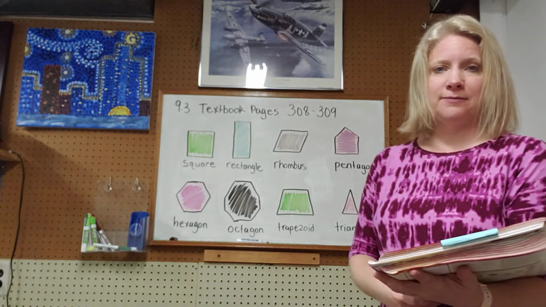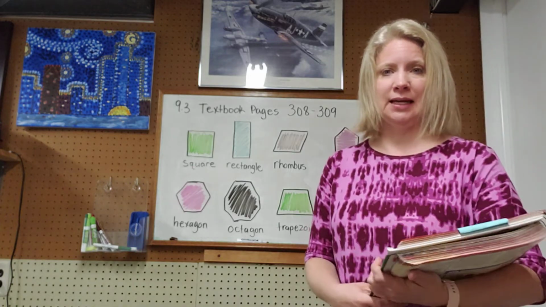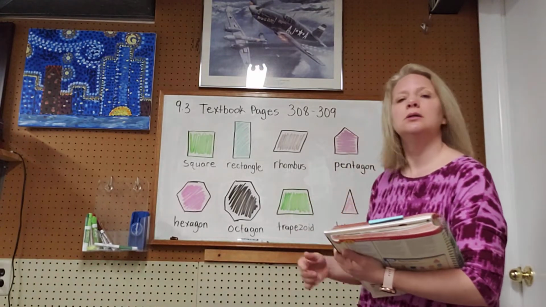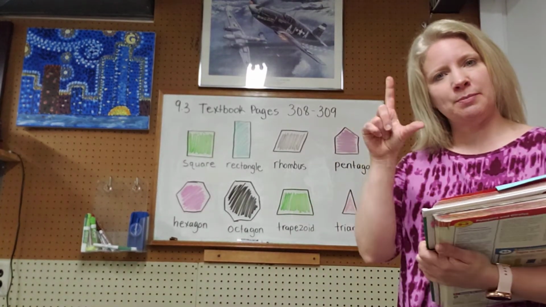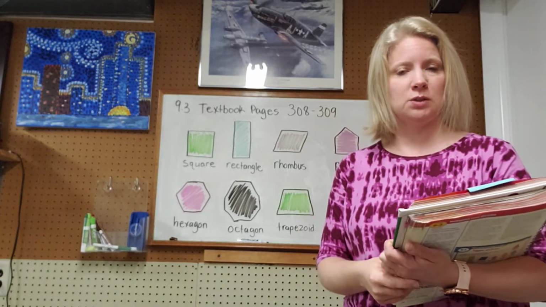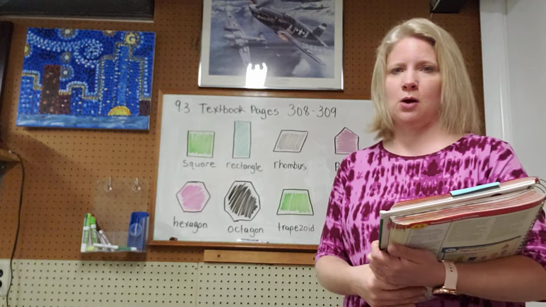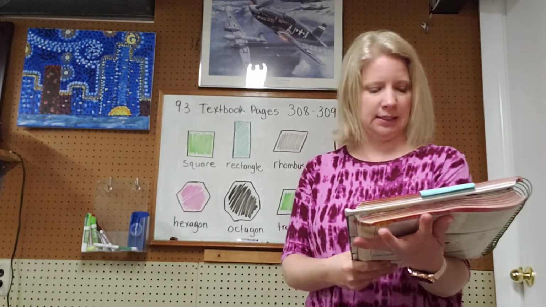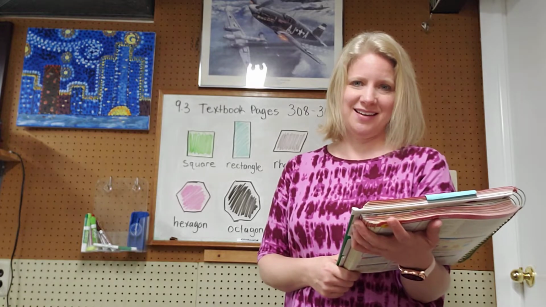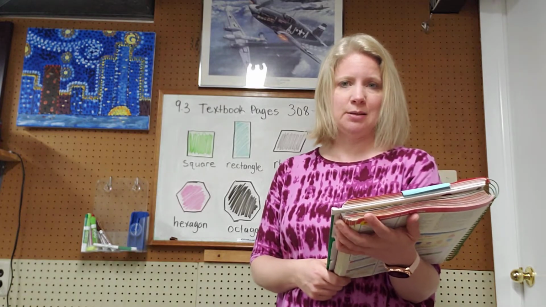Number 5. Is number 5 a polygon? Remember, I said that it had to be closed. And if it wasn't closed, remember all the sides touching, it would be open, so it wouldn't be closed. So number 5, no. Number 5 is not a polygon. Number 6, what do you think? Do you think number 6 is a polygon?